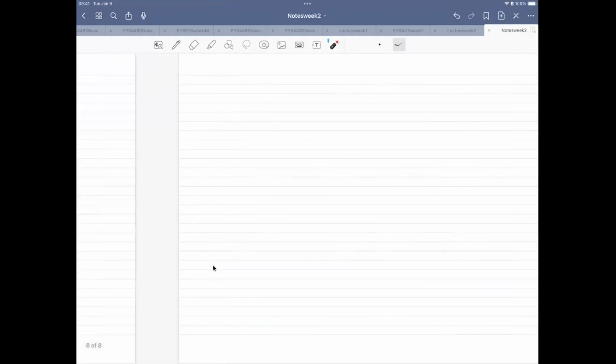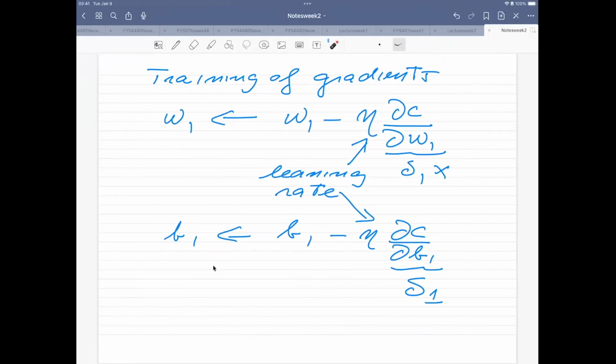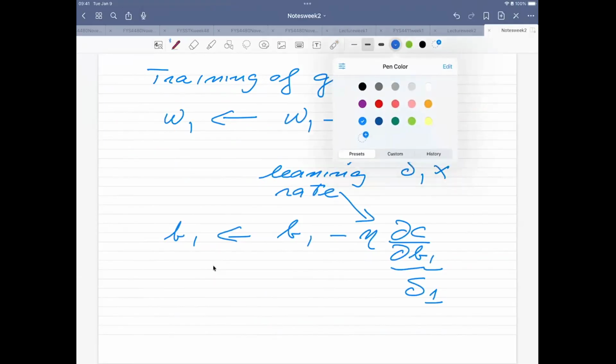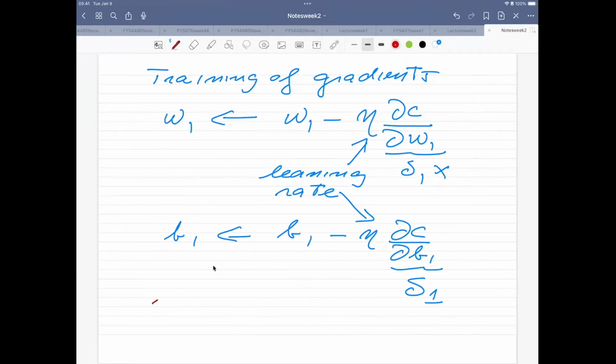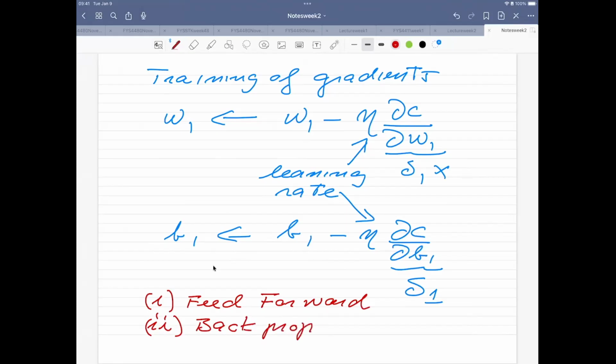So when you look at the steps here, if you now collect everything, there is one step, which is the feed forward. So you initialize the weights and the biases. And then you have the back propagation, which is you finding the derivative. So the back propagation algorithm is an algorithm which gives you the derivatives with the chain rule. These are just the expressions for the gradients.